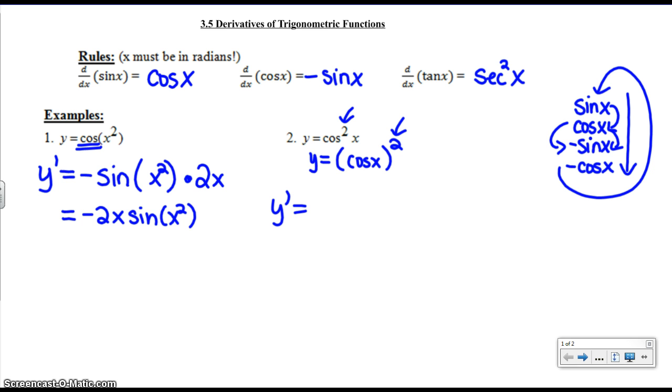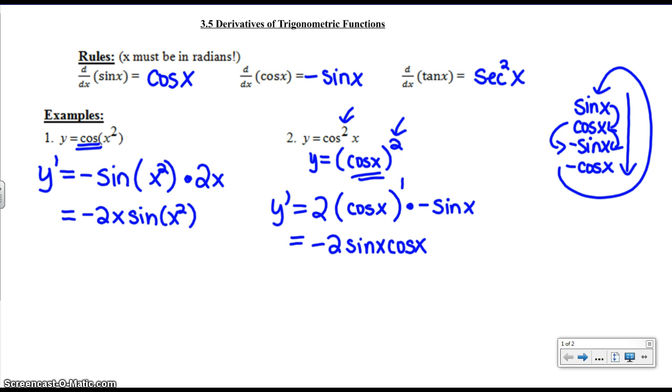And the derivative of anything squared is bring down the 2, keep the inside, and the new power becomes the 1. Obviously, you don't have to put the 1 there. And then you're going to times this by the derivative of the inside function. And this time, the cosine x is the inside function. So the derivative of cosine x is negative sine x. And again, you would probably see this written as negative 2 sine x cosine x, but it doesn't have to be rewritten this way.